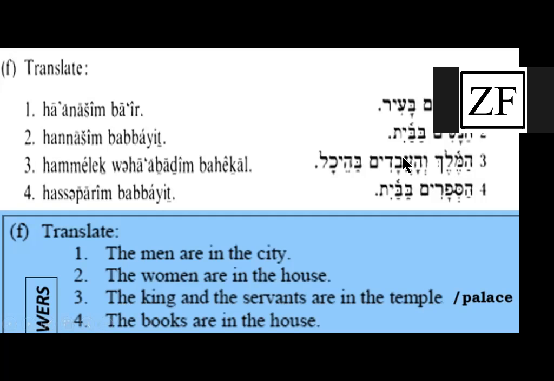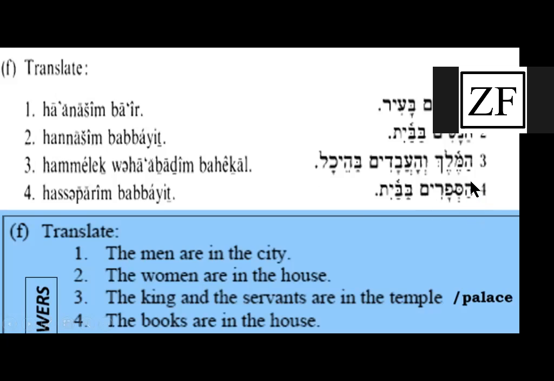So the king and the servants, ba hekal. Hekal meant temple or palace, a really big building, and this ba would mean in the. So the king and the servants are in the big building, the temple, the palace, whatever.